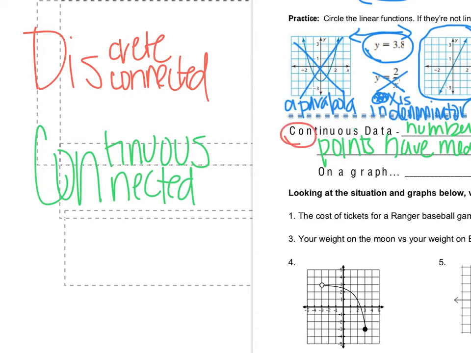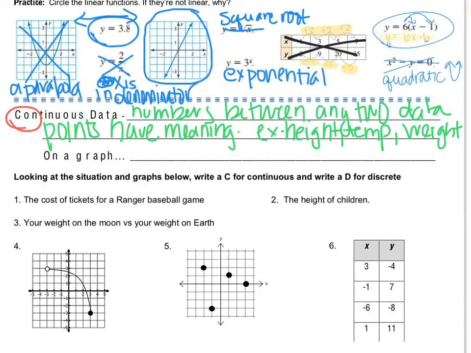It'd be like a piece of yarn is an example of something that's continuous. Okay, it's going to be something that's connected. On a graph, this is illustrated by a solid line or segment.